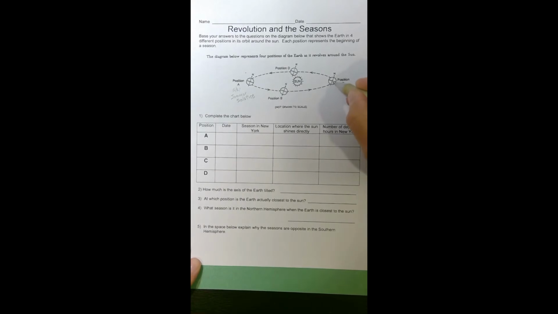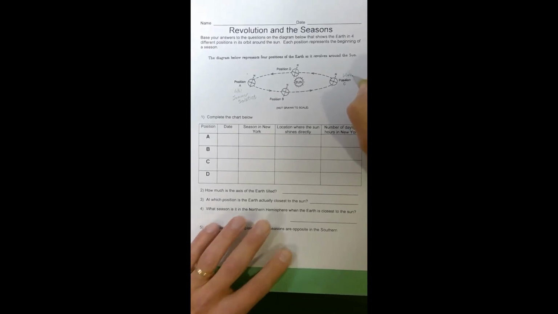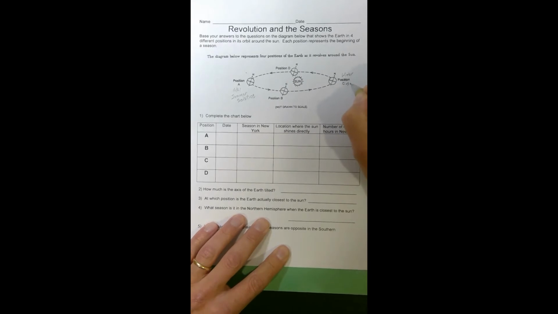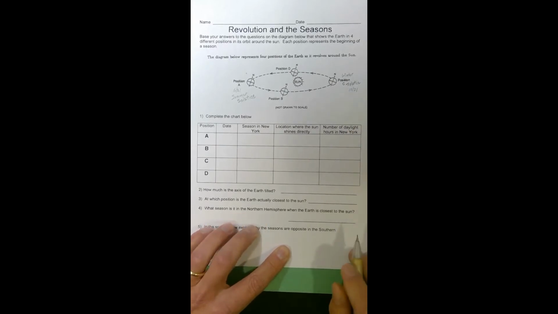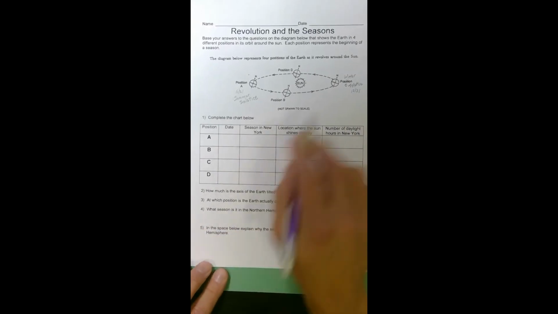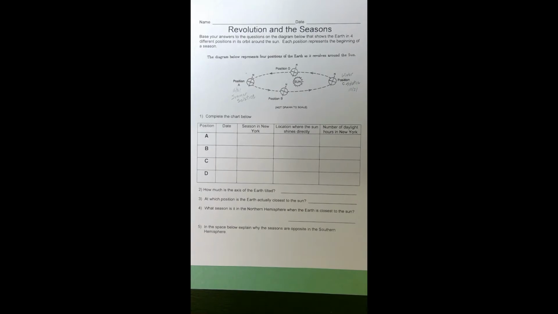Now, position C has the North Pole tilted away from the sun's rays. So for us in the northern hemisphere, we'd consider that our winter solstice, and the date for that would be 12/21. So when you look at an orbit diagram like this, you look for summer and winter first, then you fill in spring and fall.